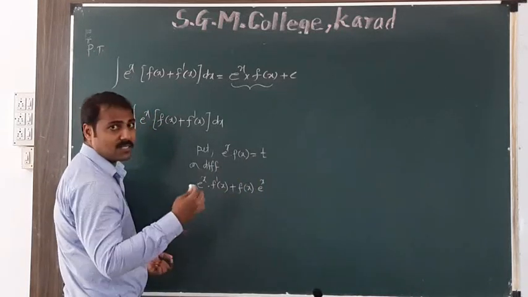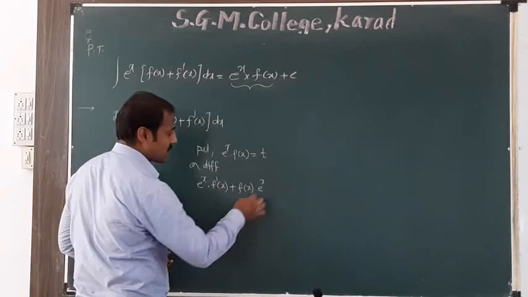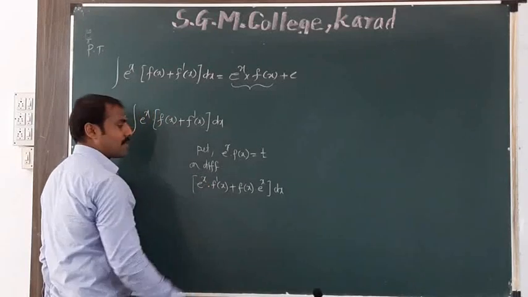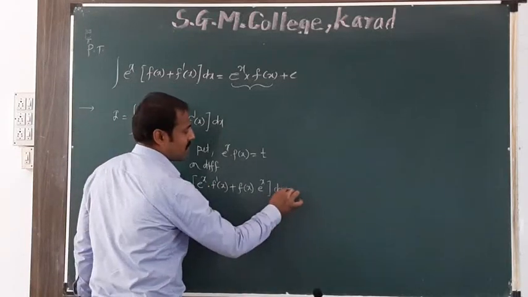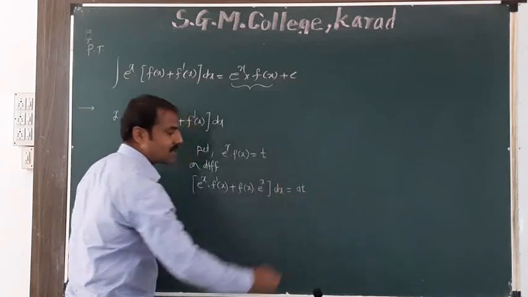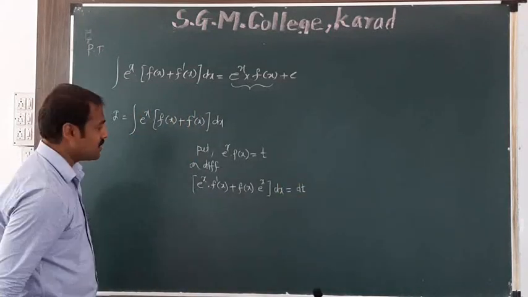The derivative of f of x is f dash of x, and the derivative of e raised to x is e raised to x. Since it is differentiated with respect to x, it is multiplied by dx. The derivative of t is 1, and since it is with respect to t, it is multiplied by dt. 1 into dt is dt.